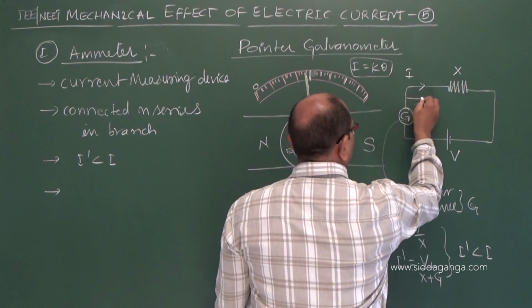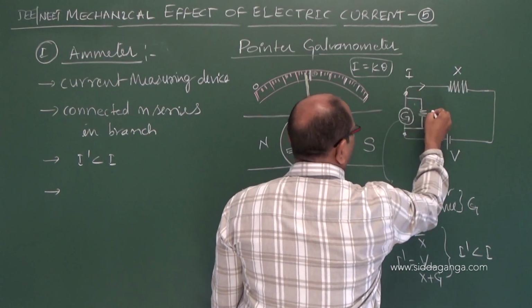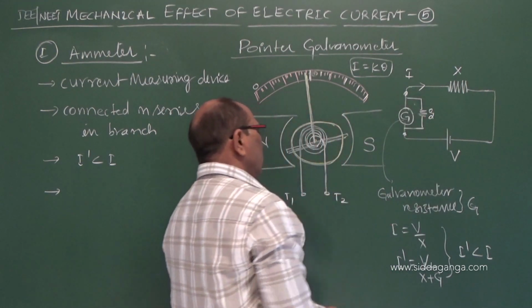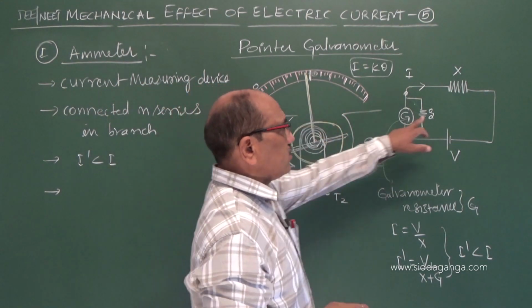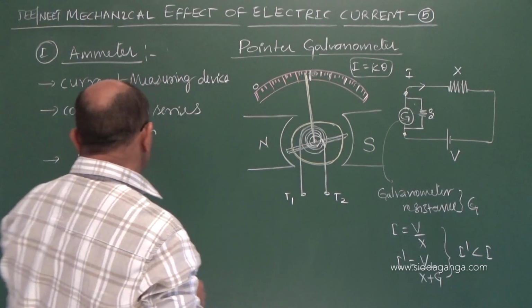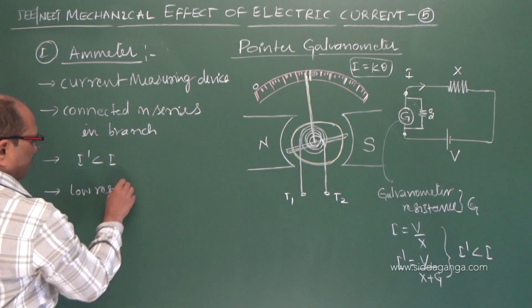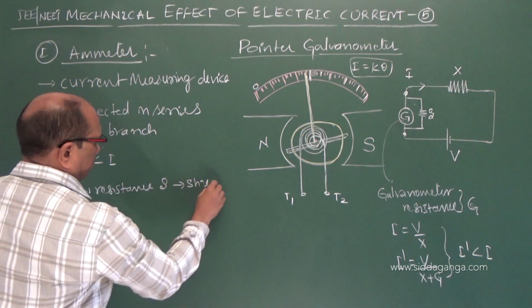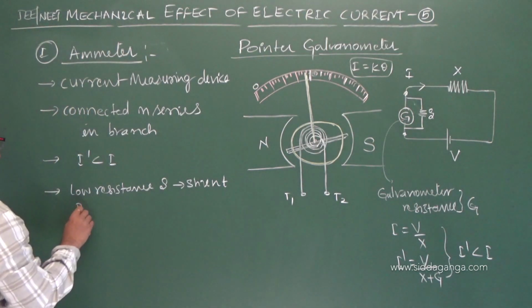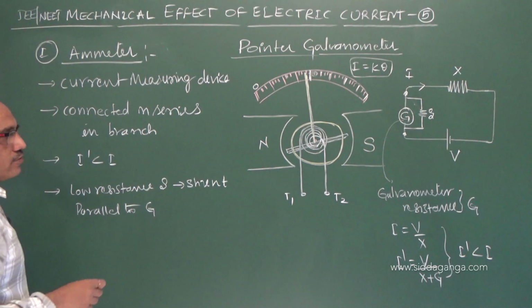I can connect a resistor called shunt, so that the effective resistance can become less than G. A small, low resistance S, called shunt, is connected in parallel to the galvanometer resistance.